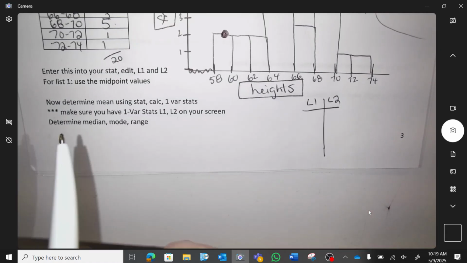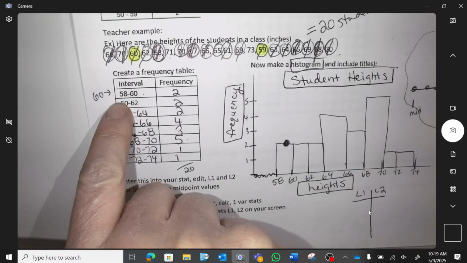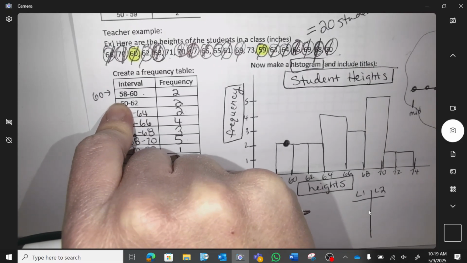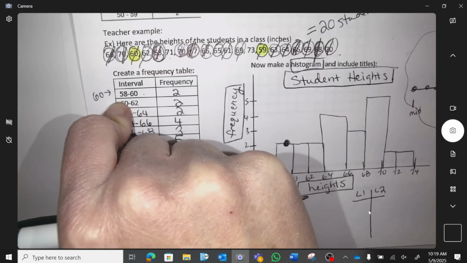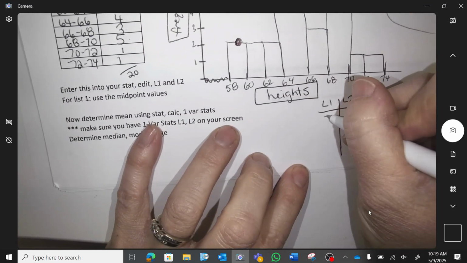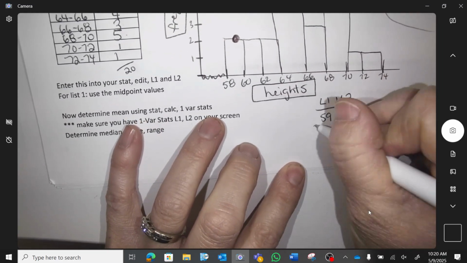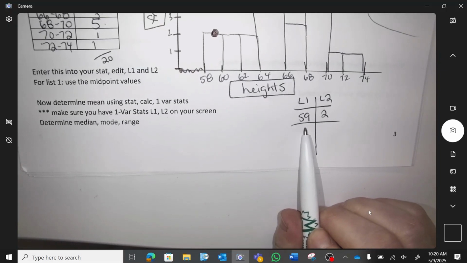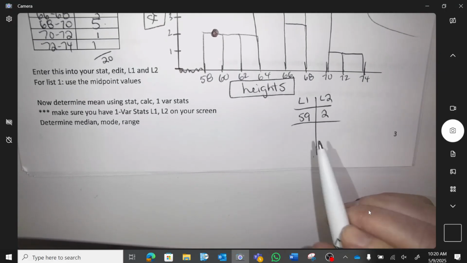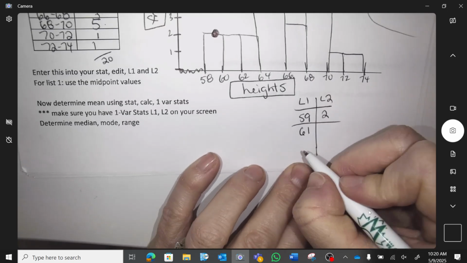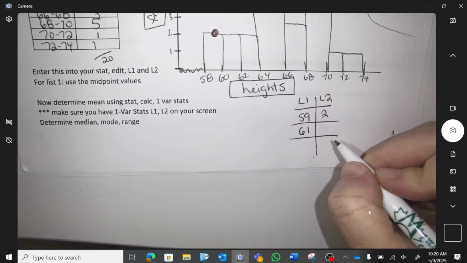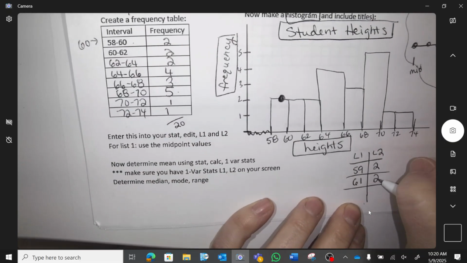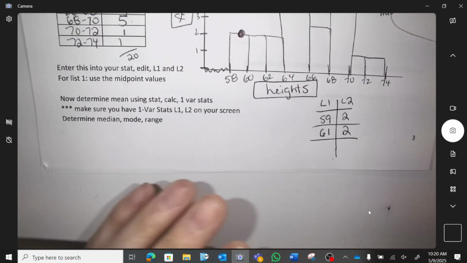In L1, I can't type in 58 to 60. So what would be a good number to represent that zone? 59, the midpoint. So your calculator is going to take 59 twice in its data. Do you know what's going to come next? 61, because it's the middle of that zone, and you're going to type that in twice. Got it?